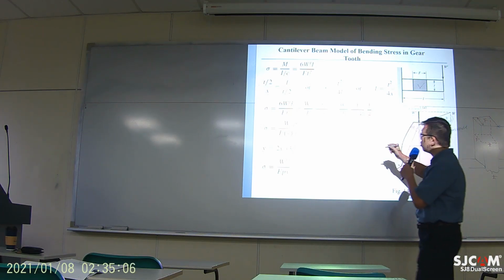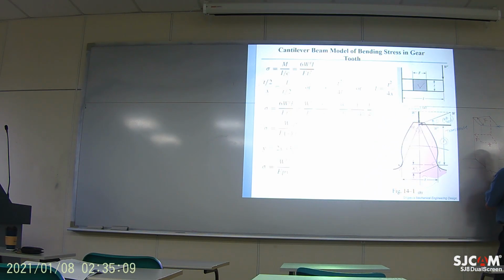So over here, we know sigma equals Mc over I, right? And right here, for the purpose of derivation, it's being converted to I over C. And then the moment would be Wt times F. So here that is Wt times F, because you have a transverse force multiplying the length.